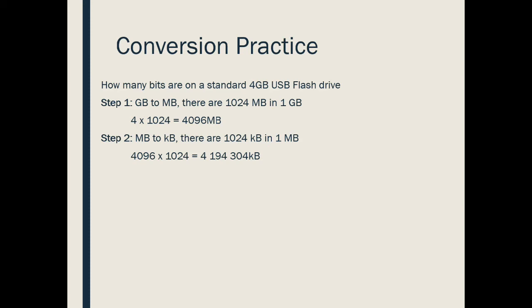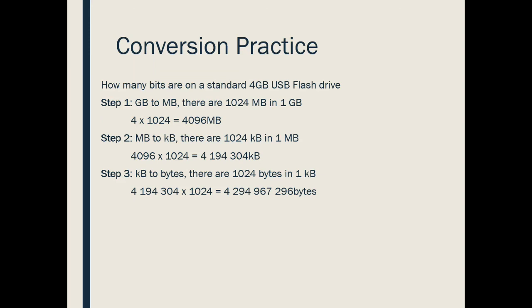So now we're at 4,194,304 kilobytes. Now we have to go from kilobytes to bytes, and we do the operation again by 1024. So now we're at a value of 4,294,967,296 bytes. But how many bits are in a byte? 8. So now when we do our multiplying, we're only going to multiply this number by 8 instead of 1024.